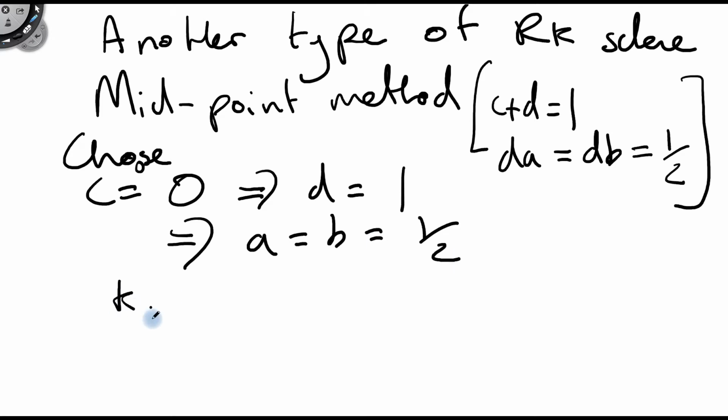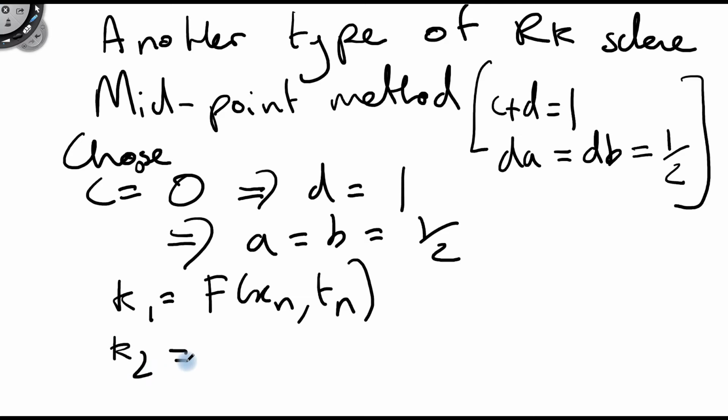So you have K1 is our familiar function that starts the domain. But K2 then, whereas in the RK2 or the Heun scheme was trying to evaluate f at the end of the time step, this is trying to evaluate it in the middle, hence the term midpoint.